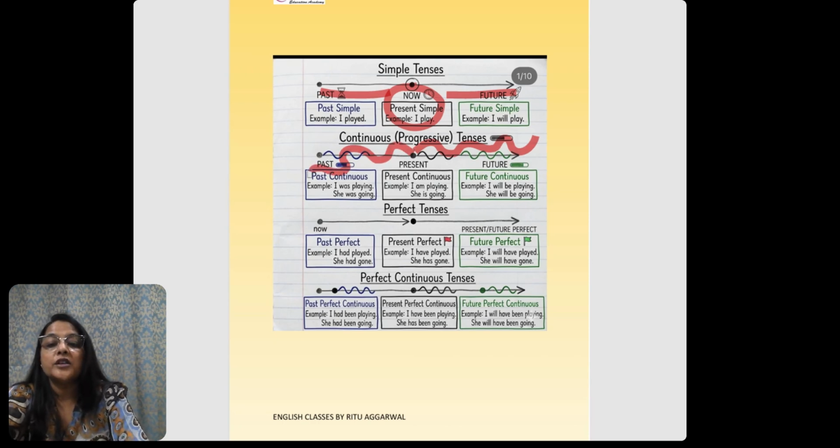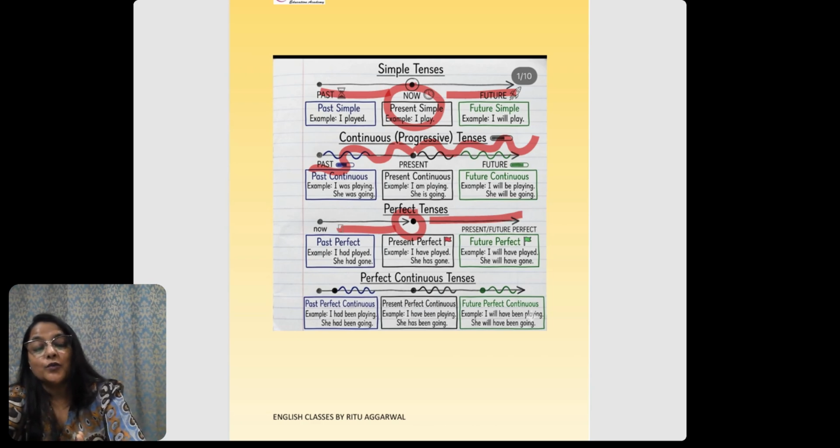Now, when I take the rule of the continuous tense, it is ing. So see the movement of the tense. I will be playing. The tense which has gone in the past is in the opposite direction: I was playing. Now the perfect tenses: I have played, she has gone. How is the perfect tense made in the future? I will have played, I will have gone, and the past is I had played.